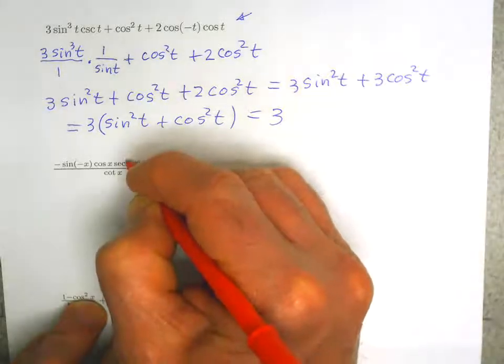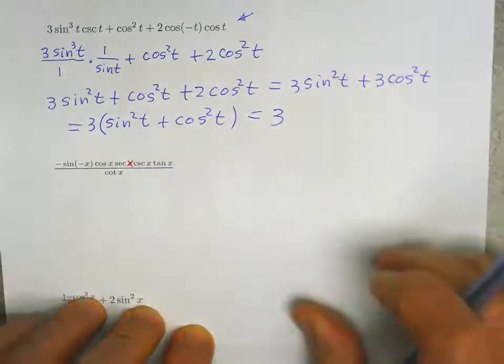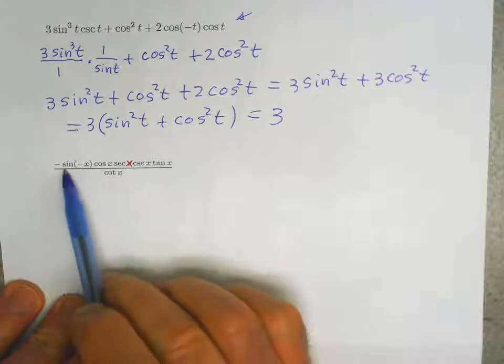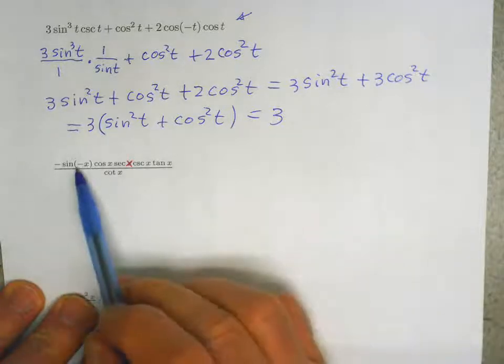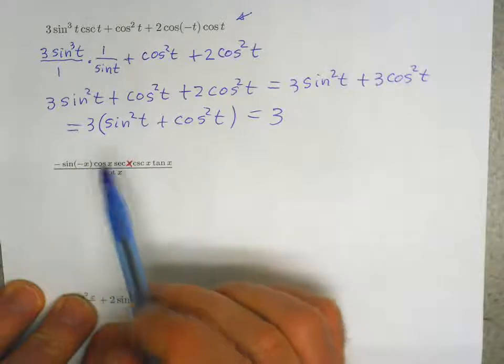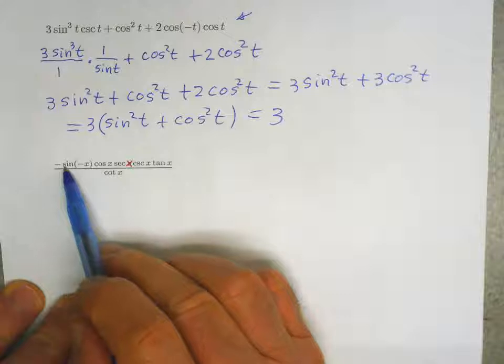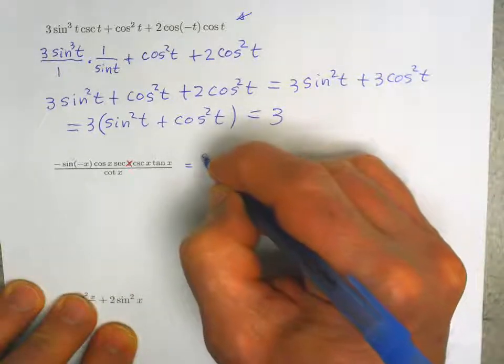Well, we want that to be x. Okay, the negative sign of negative x, remember sine of negative x is negative sine of x. So this is going to simplify to sine of x.